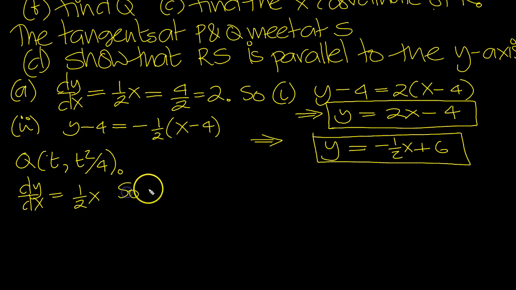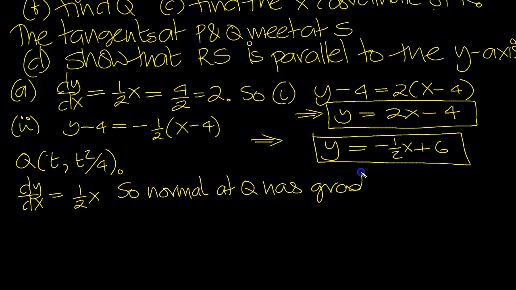So the normal at Q has gradient then, well, x over 2 will be minus 2 over x, wouldn't it, the gradient of the normal, and the x value is t. Okay, so there's the normal at Q.